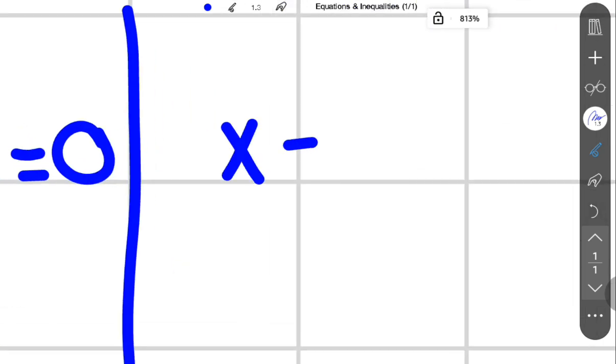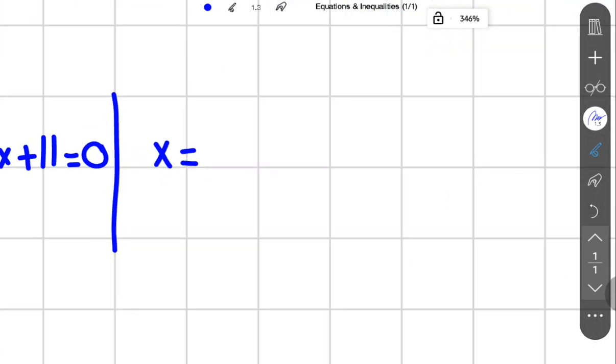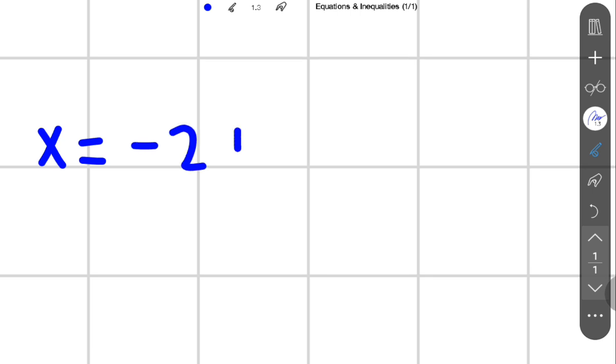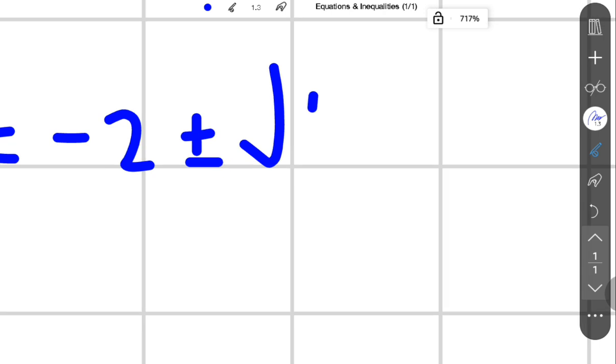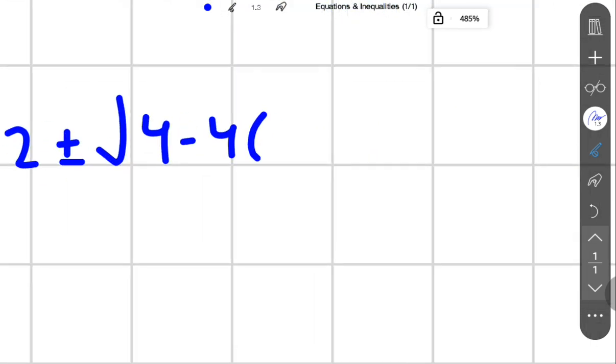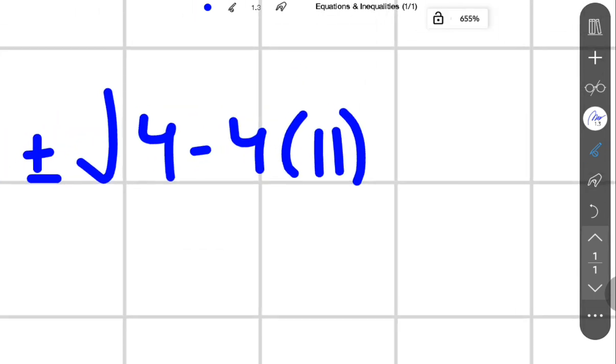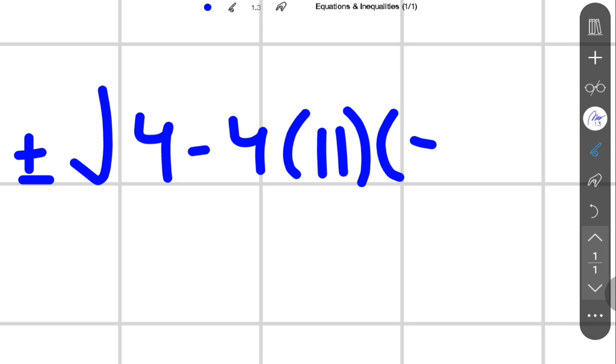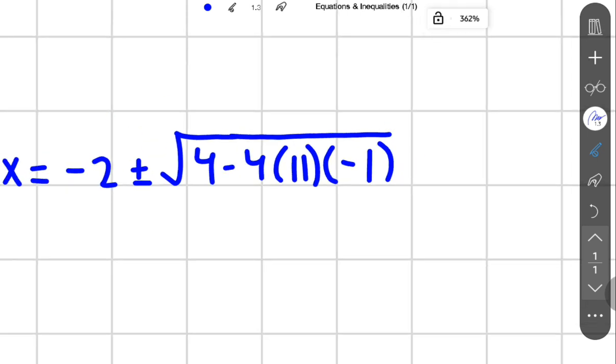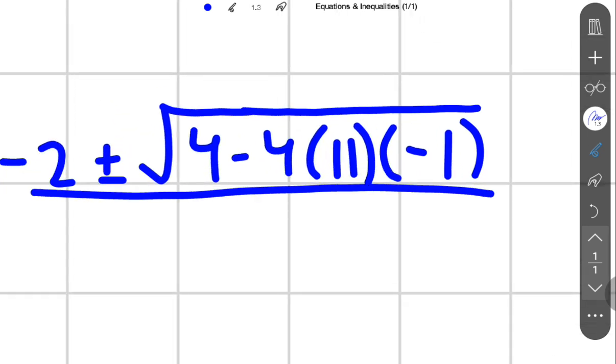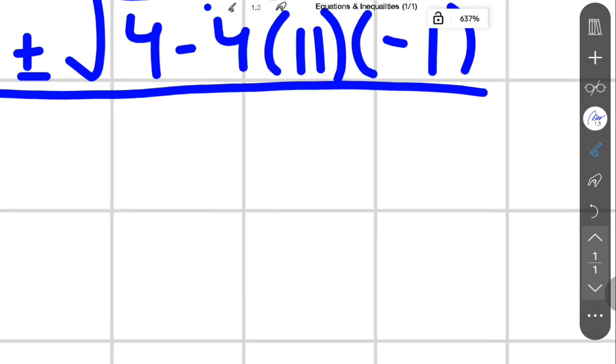We have x equals negative b, which is negative 2, plus minus the square root of b squared, which is 4, minus 4 times 11 times negative 1. This is right, negative 1. So we can convert the negative sign here to positive, and all over 2a, which is negative 2.